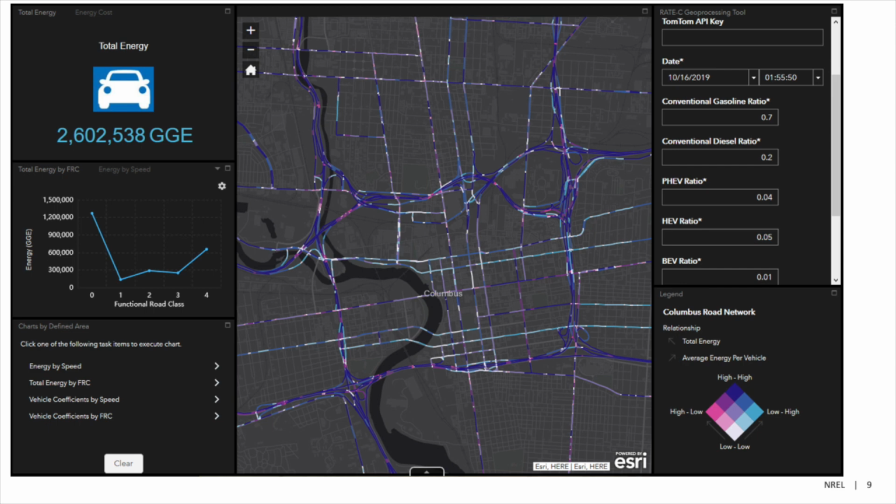So I think this all begs the question, so what? We're looking at energy on the road network. A lot of people are more focused on emissions. I think there are a lot more mandates to get your emissions down and so forth. What about energy?